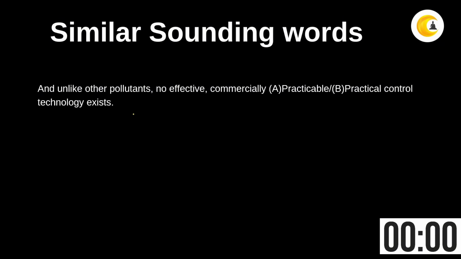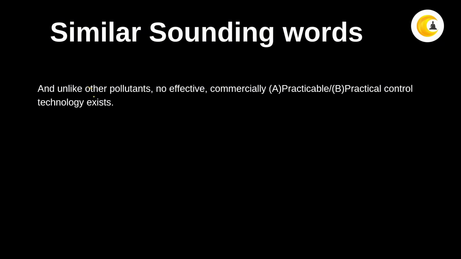All right. It says that, unlike other pollutants, no effective, commercially practicable or practical control technology exists. Now, what does the word practicable mean? Practicable means it's basically capable of being done.